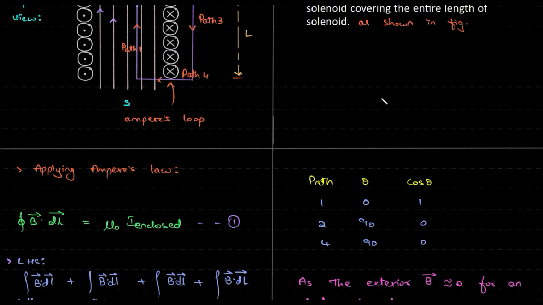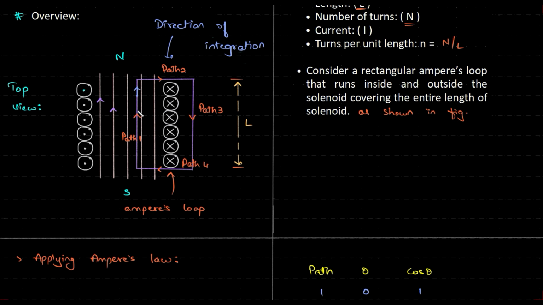It's very simple. Path 1 and the magnetic field lines are in the same direction, while path 4 and the magnetic field lines make an angle of 90 degrees, as you can see clearly. This also is 90 degrees. These are in the same line, same direction. There's no magnetic field over here, so we can ignore that.